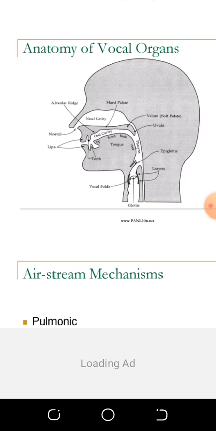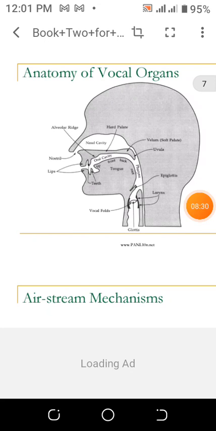The most important thing is that in the English language we have 26 alphabet letters, but when we convert them into phonetics, we divide them into 44 different sounds. We will discuss what these 44 sounds are in the light of this anatomy of the vocal organs. I do hope that you will understand this. Till then, Allah Hafiz.